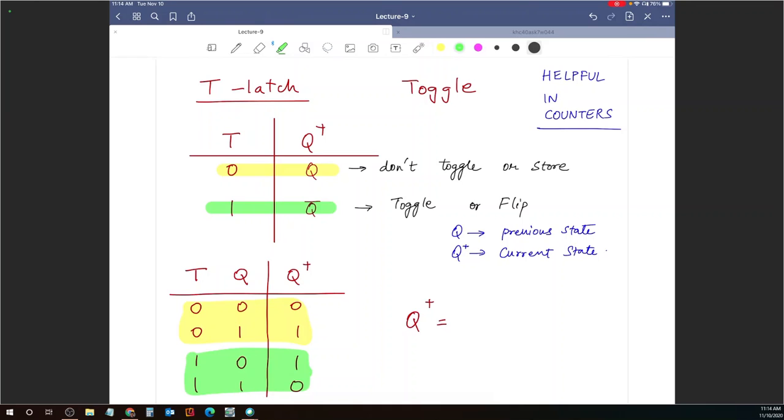Now let us try to write the characteristic equation of the toggle flip-flop. What is a characteristic equation? The characteristic equation is a relationship between Q plus and Q and the inputs to the latch. So the input to the latch is T, the outputs are Q and Q plus. So can you write an expression of Q plus in terms of T and Q based on this table? Perfect.